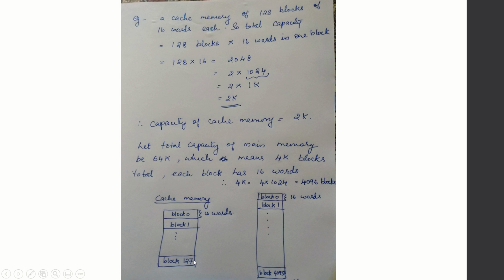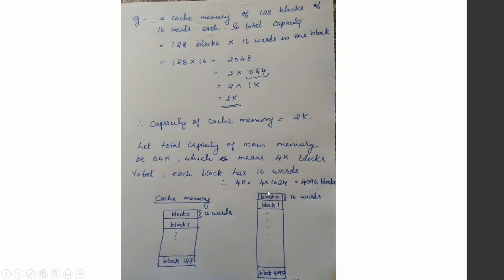So in my example, the cache memory has 128 blocks, and each block contains 16 words. That is, the 0th block contains 16 words, the next block contains 16 words, like that. If you take any block, its size is 16 words. So this is the information regarding the cache memory.